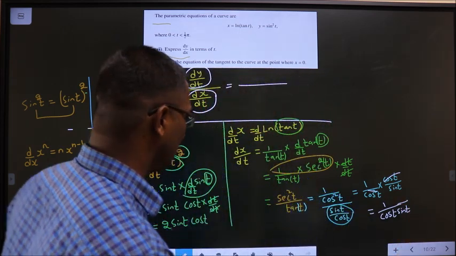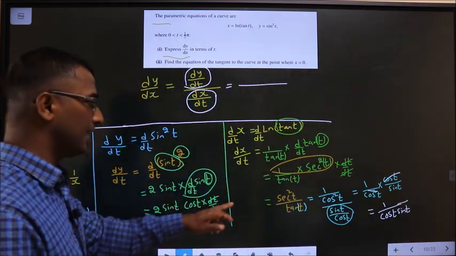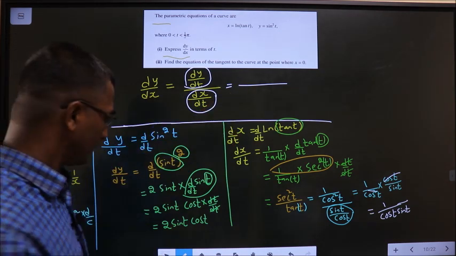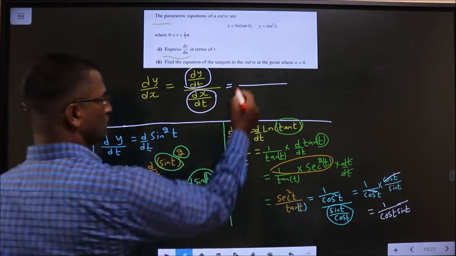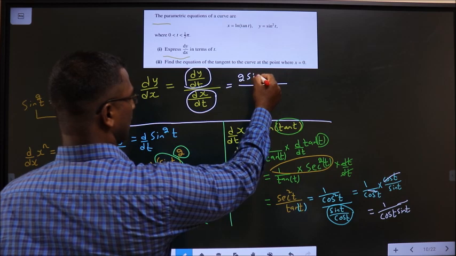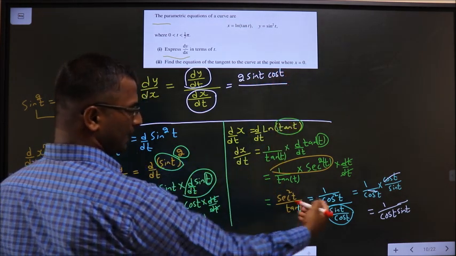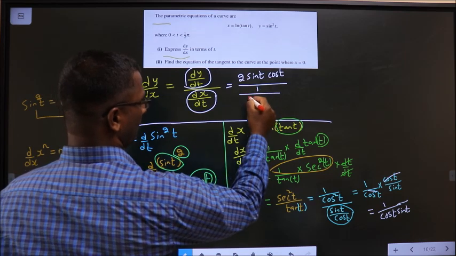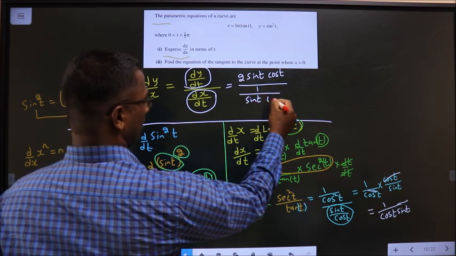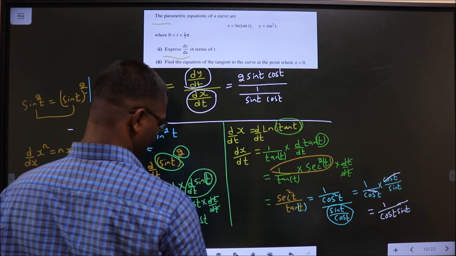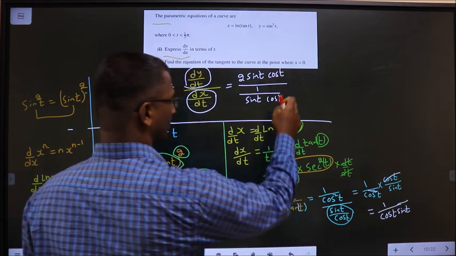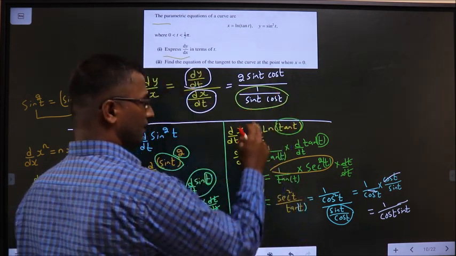Okay, so now let us replace dy by dt and dx by dt over here. So dy by dt is 2 sin t cos t, and dx by dt is 1 by sin t cos t. Now you see, this is a fraction, right?